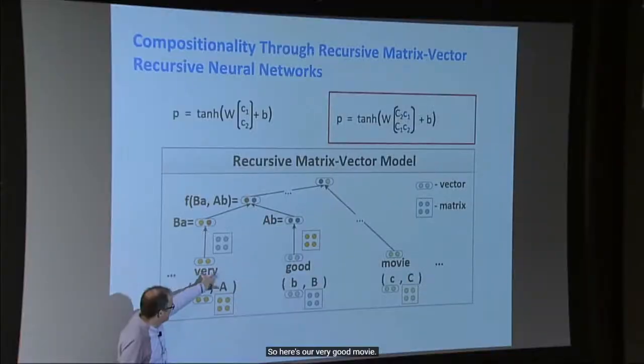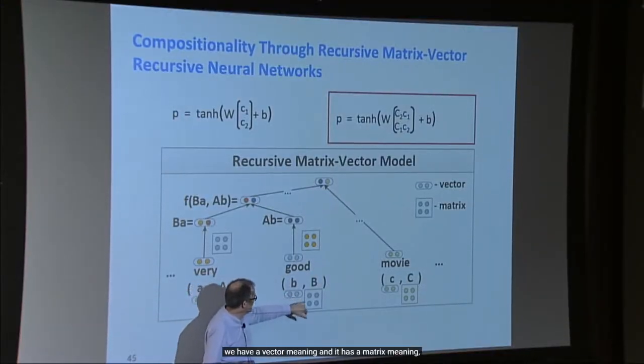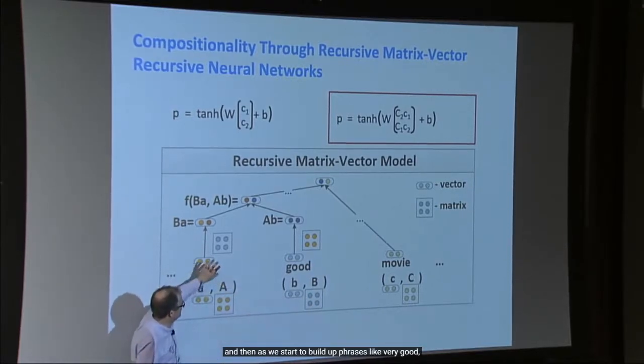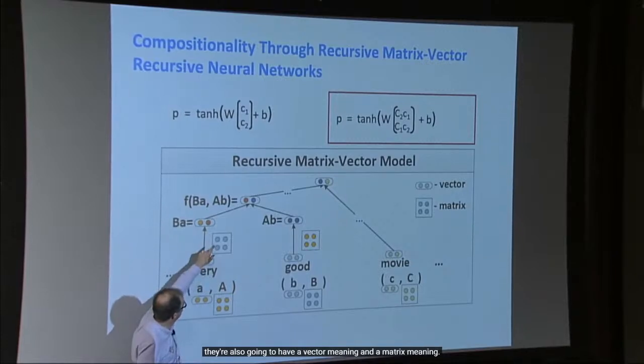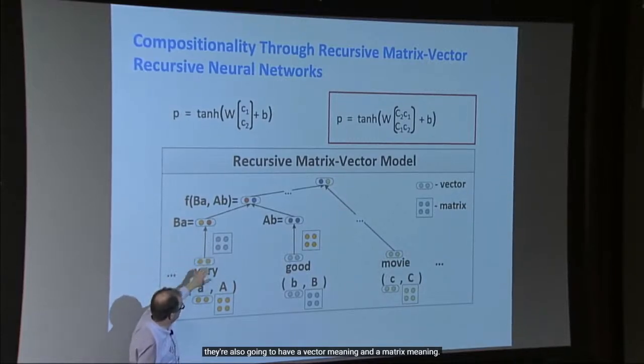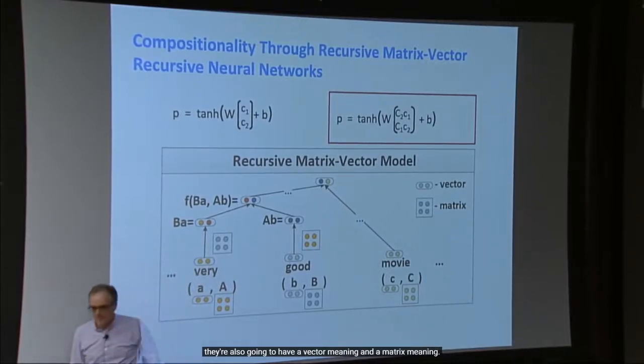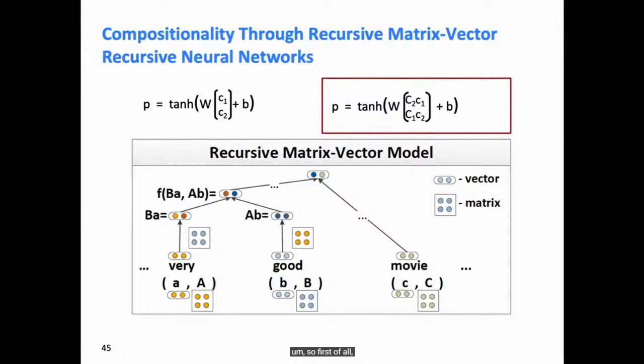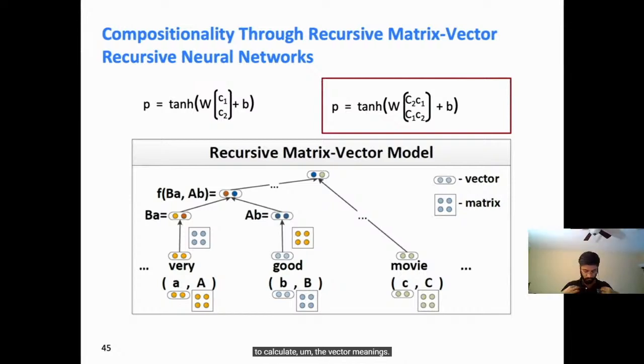So here's our very good movie. For each word, we have a vector meaning and a matrix meaning. And then as we start to build up phrases like very good, they're also going to have a vector meaning and a matrix meaning. So first of all, we would like to be able to calculate the vector meanings.